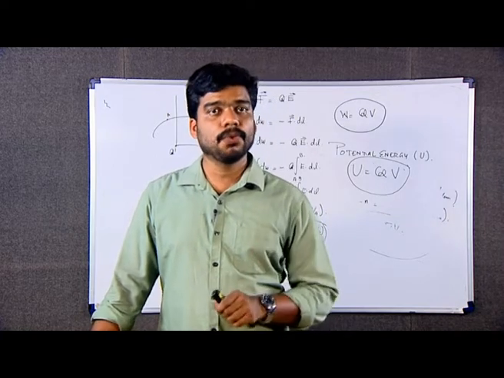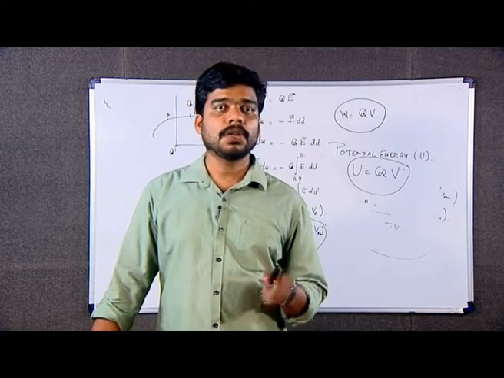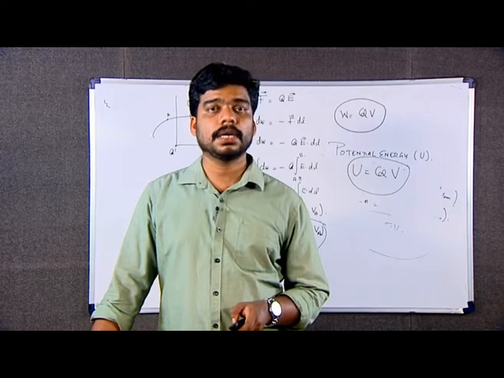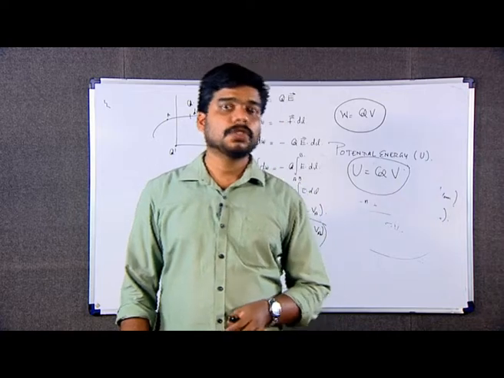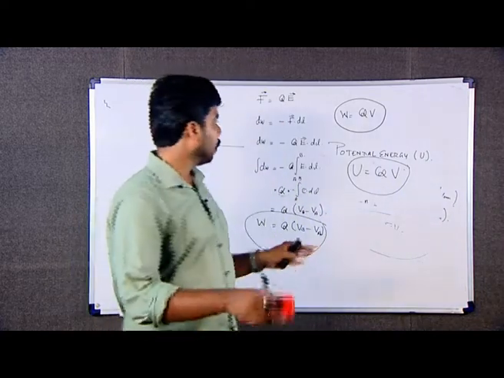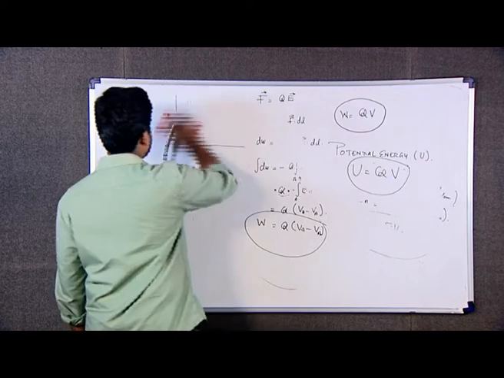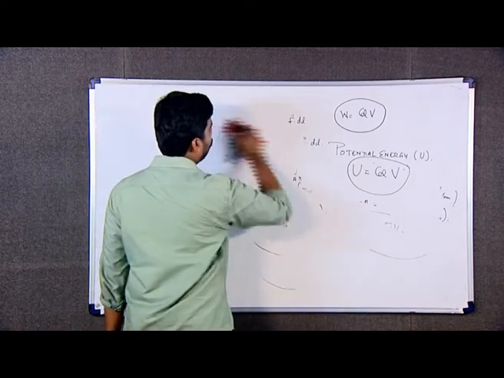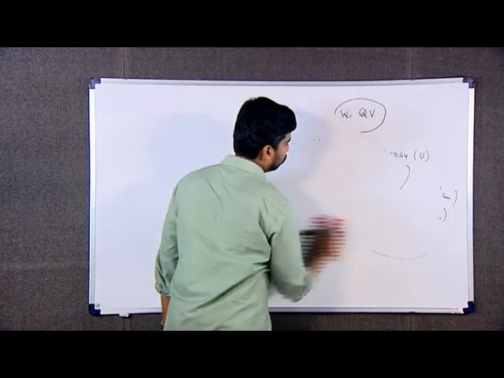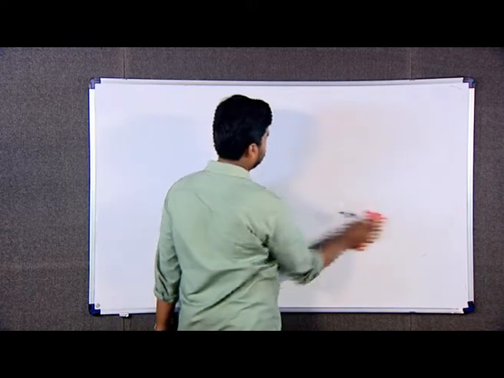So, what is this Q? This Q is lots of charges assembling together to form a charge distribution. Initially consider on this board there is no charge or there is no field. I want to assemble n number of charges on this space.